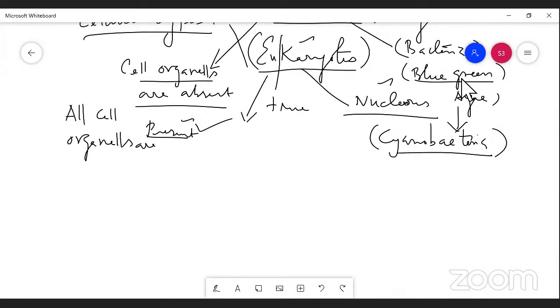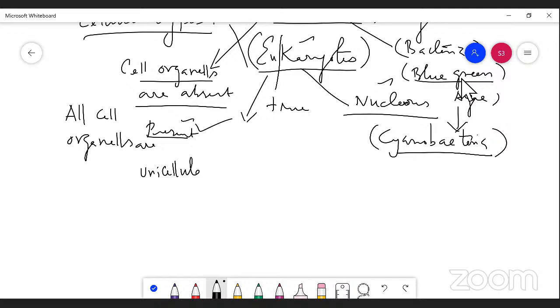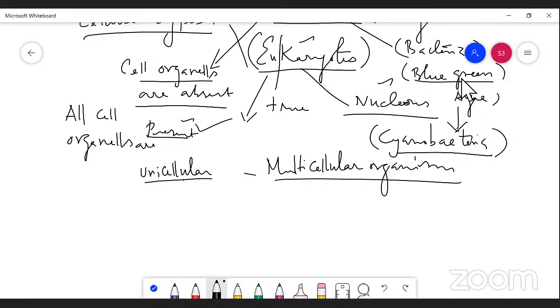Organisms may be unicellular or multicellular. An example of a unicellular organism is the amoeba, and the bacteria. An example of a multicellular organism is Oedogonium.